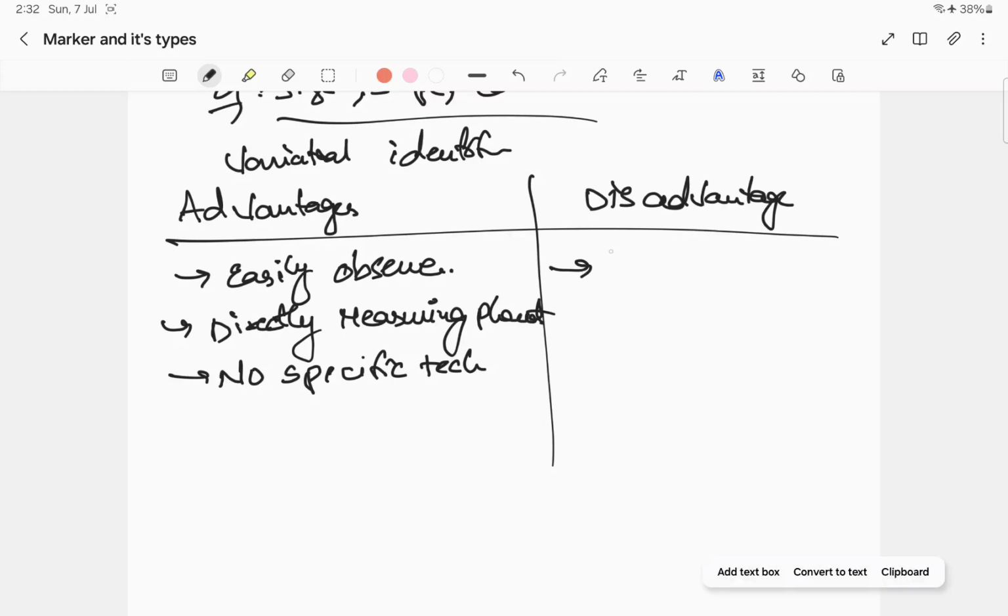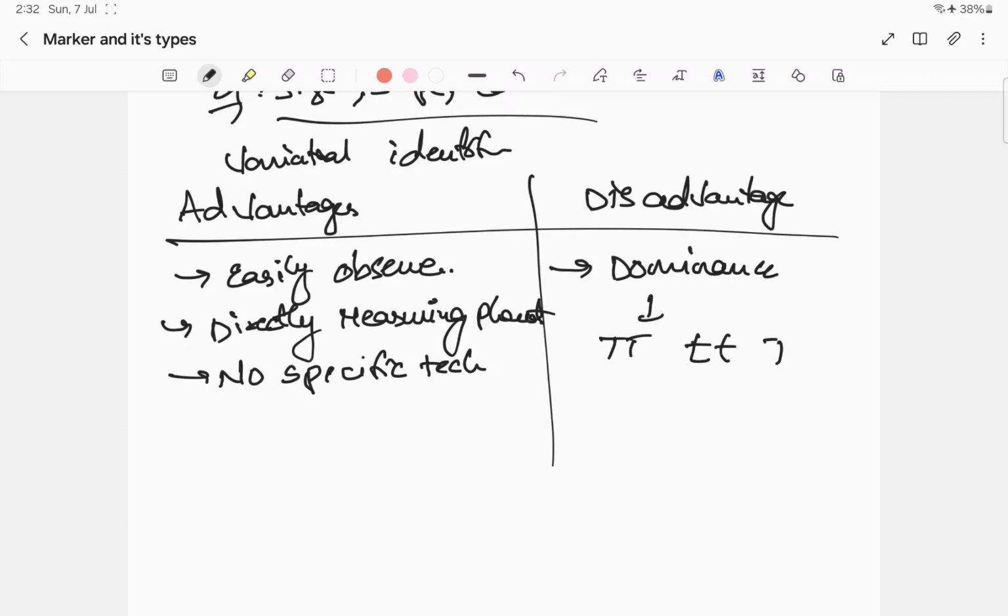While coming to the disadvantages: dominance. For example, this plant will be tall as it has both capital T, capital T. This one has small t, dwarf, and this one also has capital T, so it will be tall.